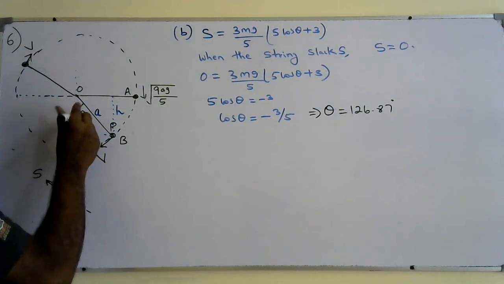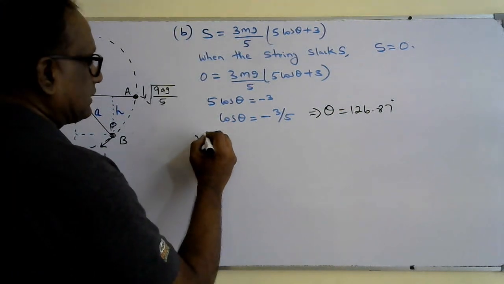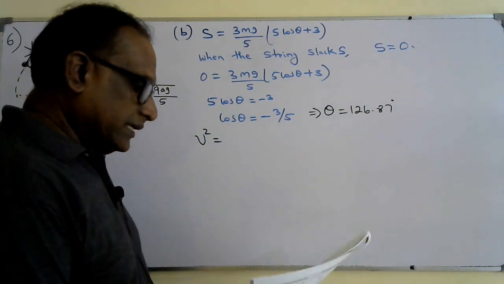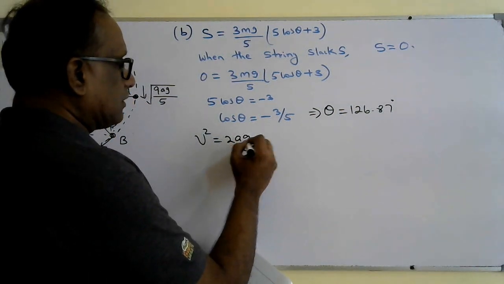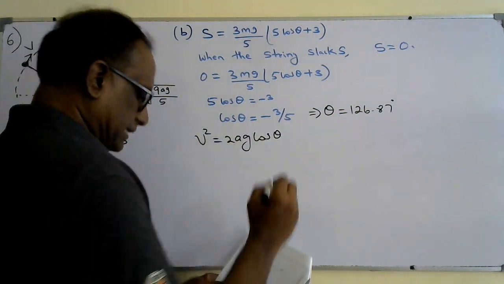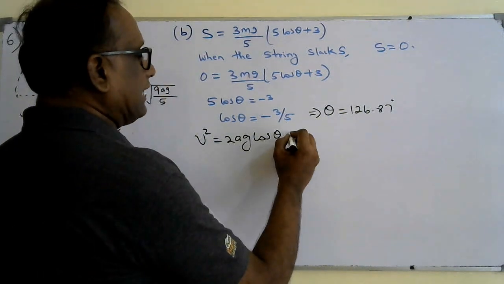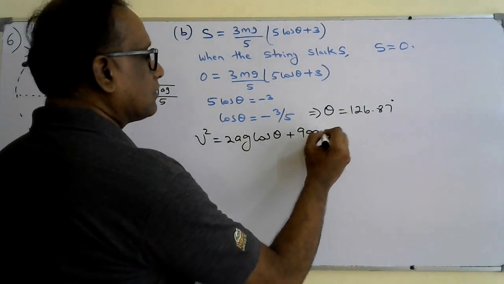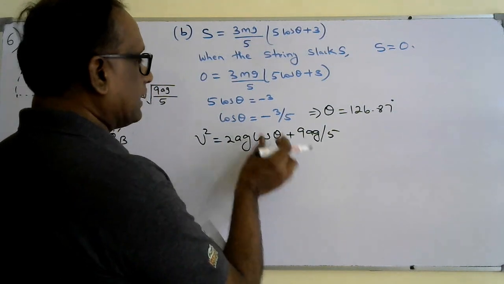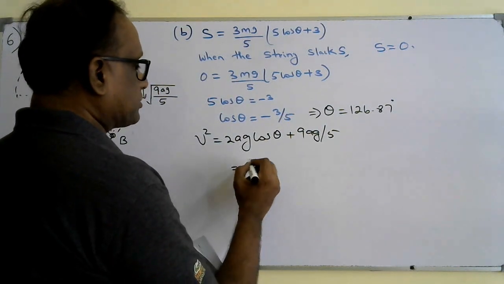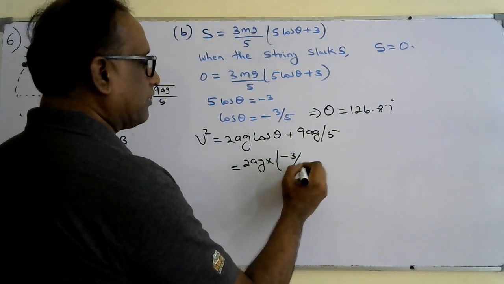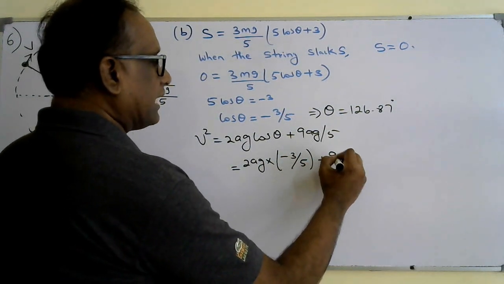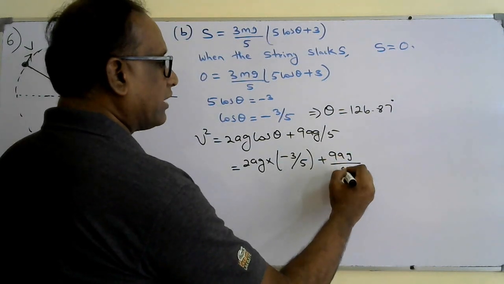So we already got an expression for V, the general equation, which we derived in the A part: V squared equals 2Ag cos theta plus 9Ag over 5. Substitute cos theta as minus 3 by 5: 2Ag into minus 3 by 5 plus 9Ag over 5.